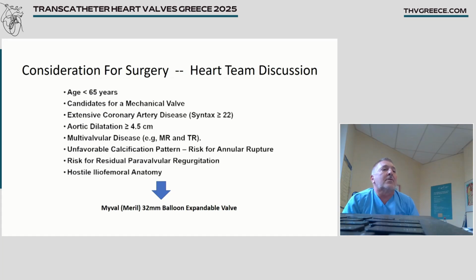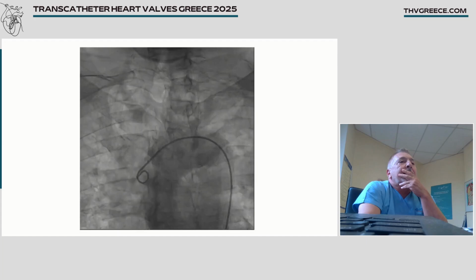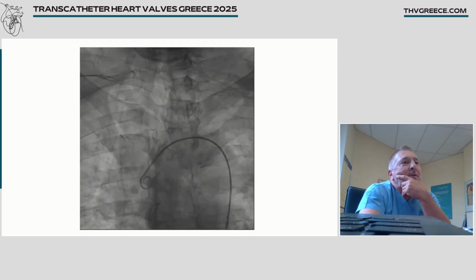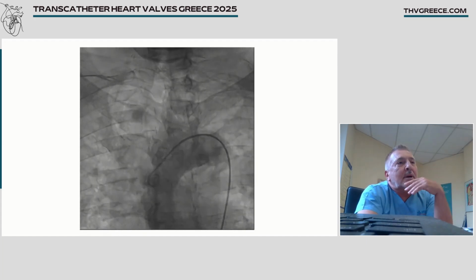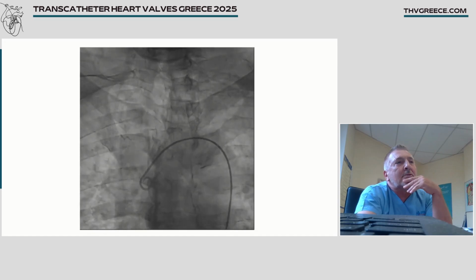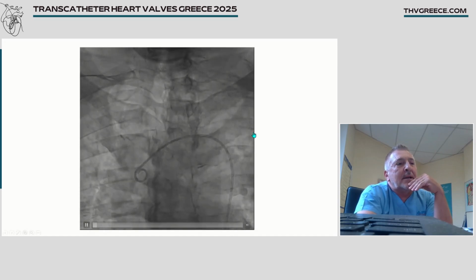With respect also to what the patient wanted, we started to think of proceeding with TAVI and with a balloon expandable valve, a Sapien 32 millimeters. From the aortogram, you can see that the ostia of the carotids have a bovine configuration.